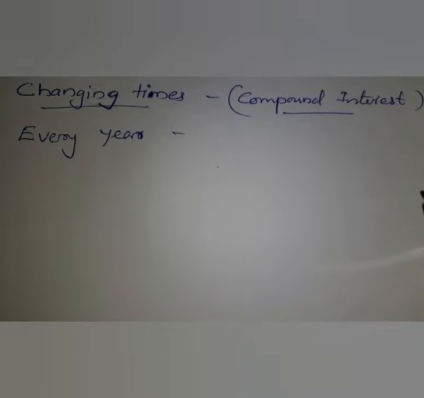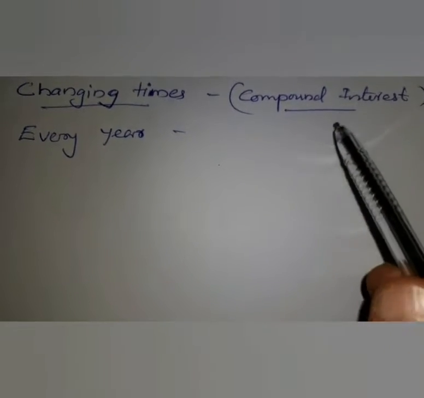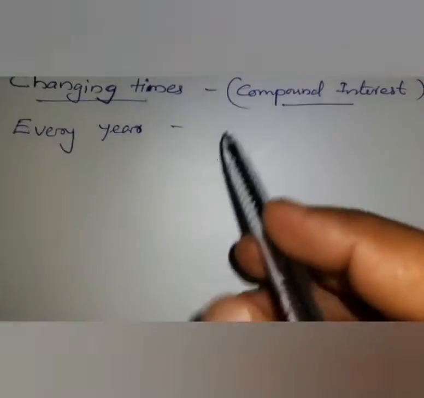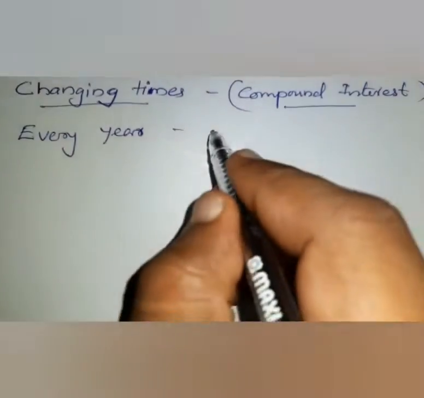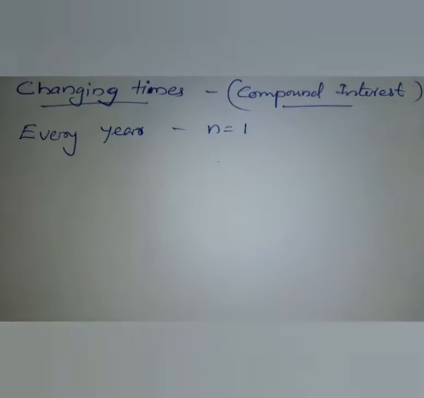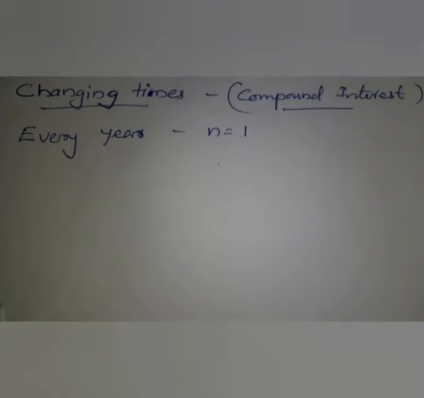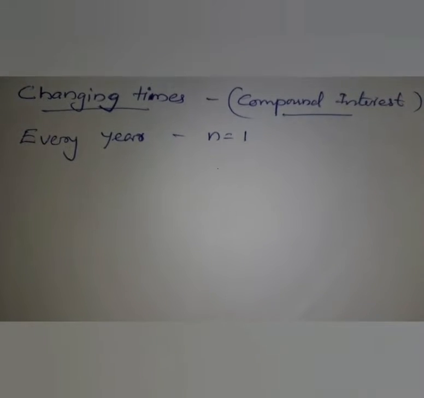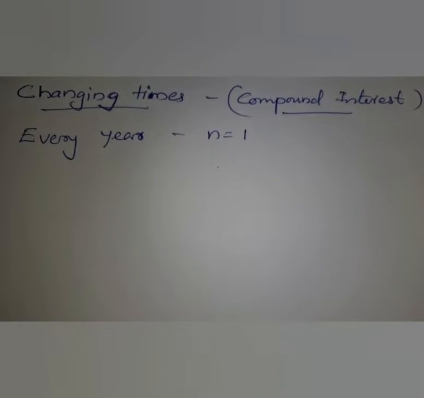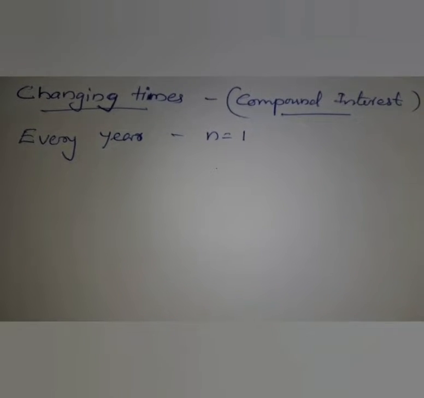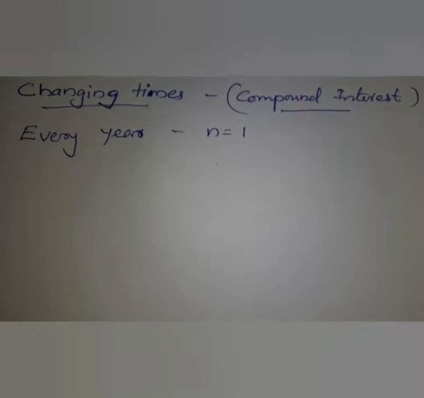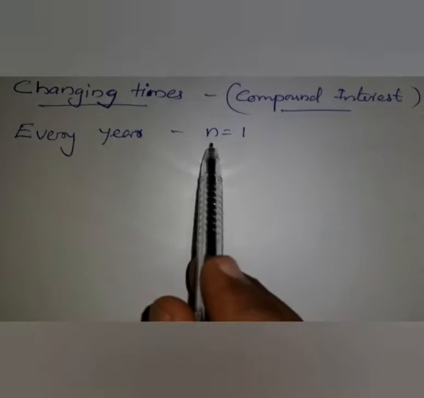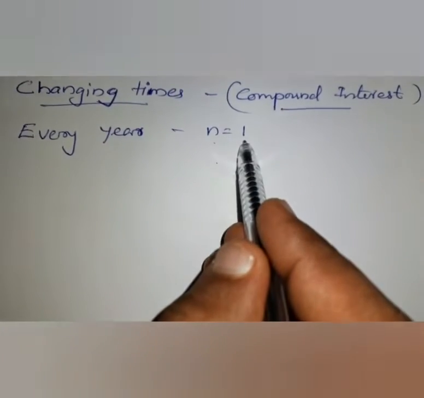Till now, we have computed the compound interest yearly. So every year we calculate it, so n should be 1. Then there are different schemes in which the interest is added every 6 months, or every 4 months, or every 3 months. So every year if you are calculating, n should be 1.